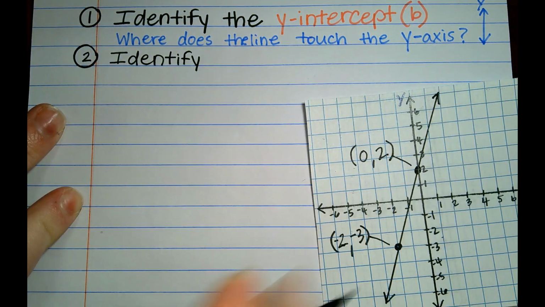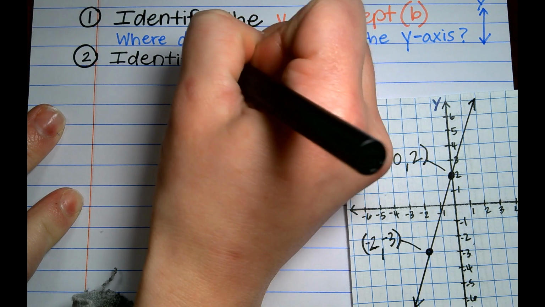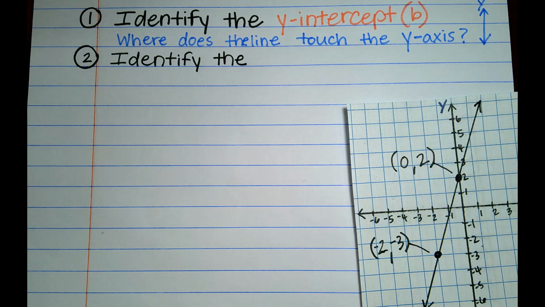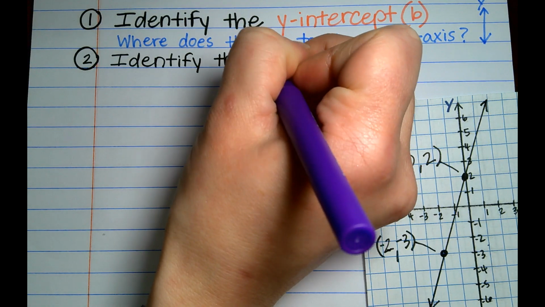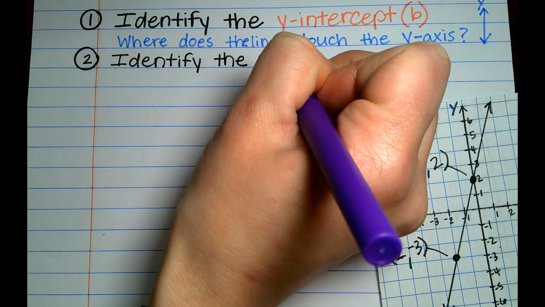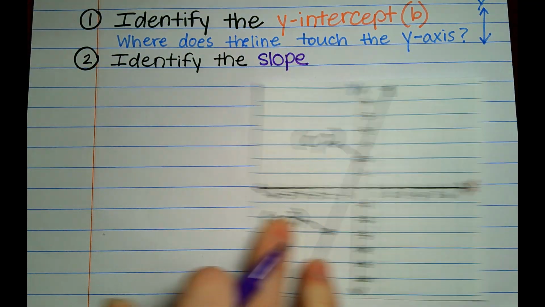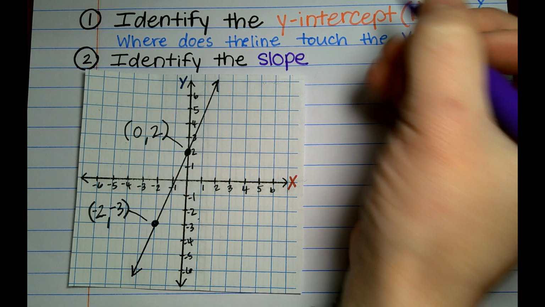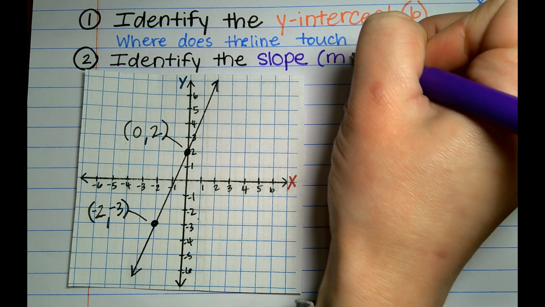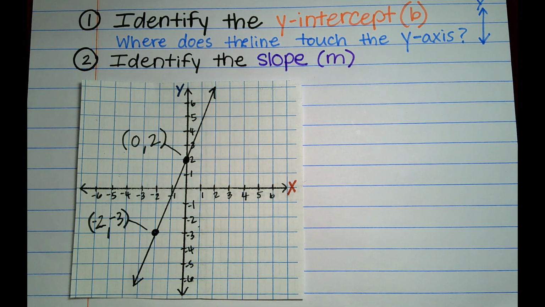And we do that by counting spaces. And sometimes that is a little trickier said than done. So we'll go over that lots today. Identify the slope. That's our M. And then we'll write more detailed instructions underneath that.